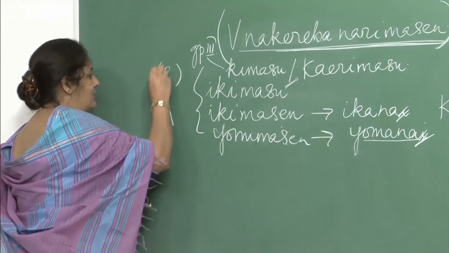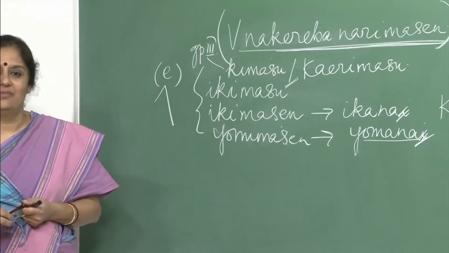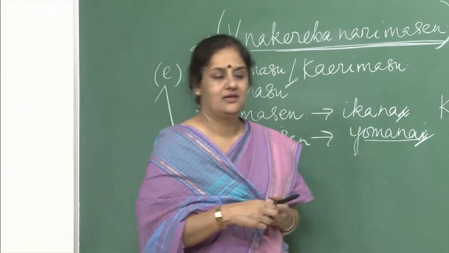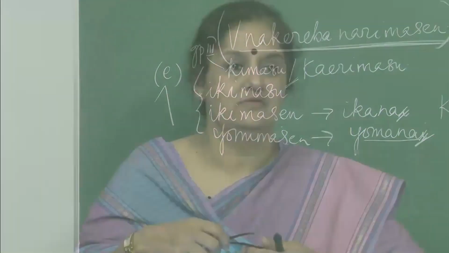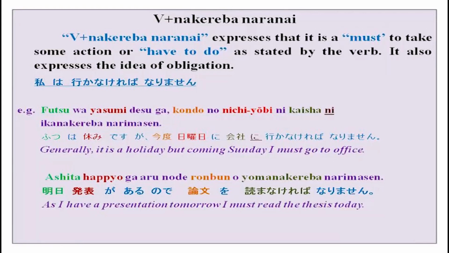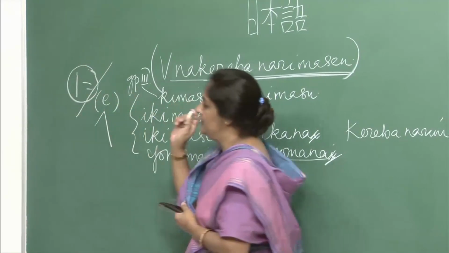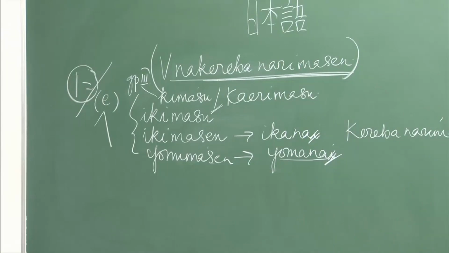I have been telling you all along that we will use particle e with ikimasu, kimasu and kaerimasu. Now, we are using something else over here. We are using particle ni. Why are we using particle ni with ikimasu? Why are we doing that?